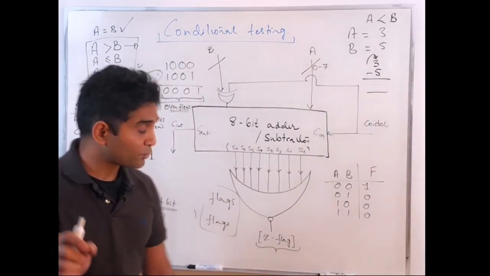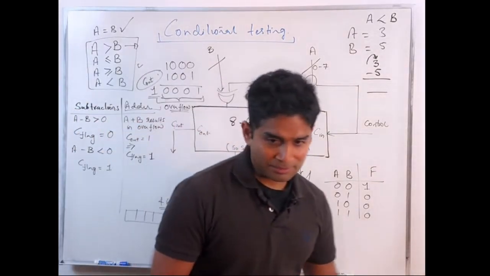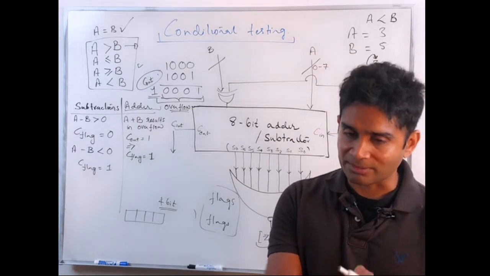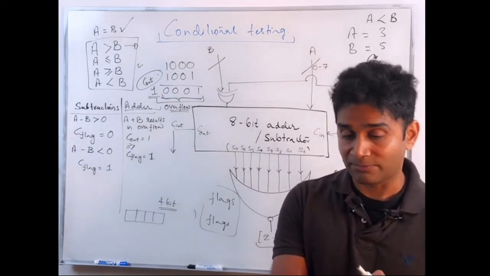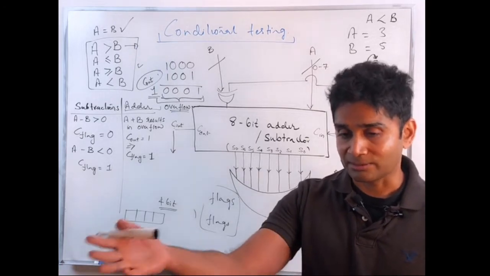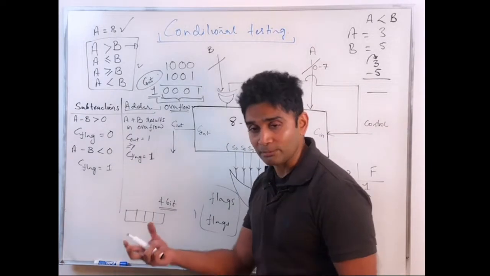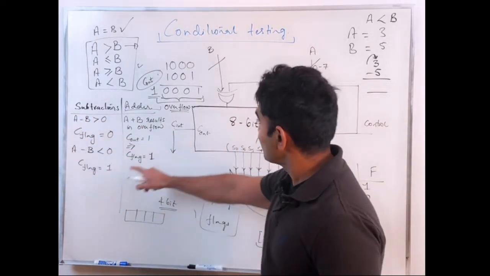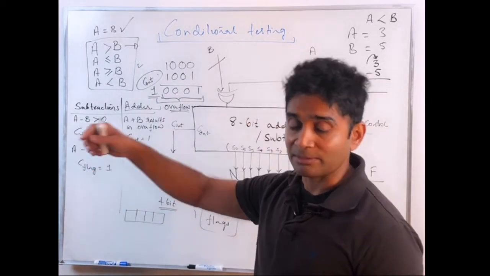When I'm doing the subtraction operation, I use my C flag as the borrow indicator. Does it make sense? When I'm doing the addition operation, every time my C flag is 1, it indicates that I overflowed. My sum overflows the available number of bits. On the other hand, when I'm doing the subtraction operation, I want to use my C flag as the borrow indicator, the imaginary borrow indicator.